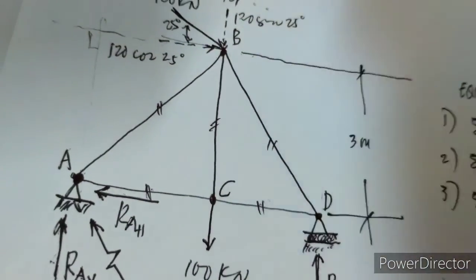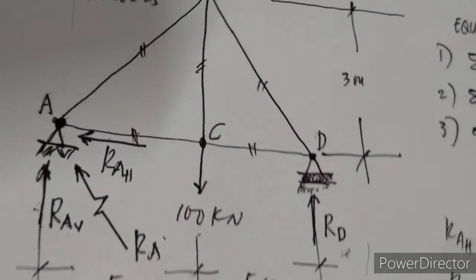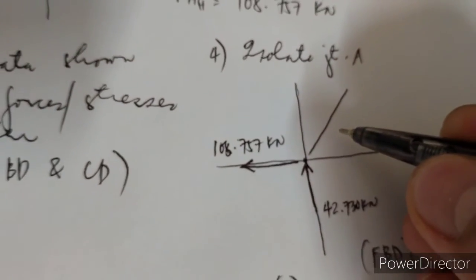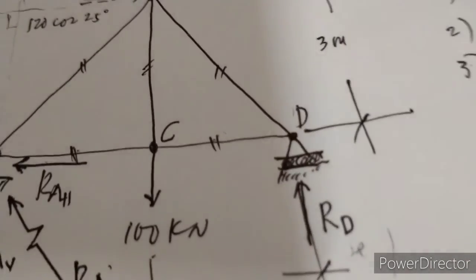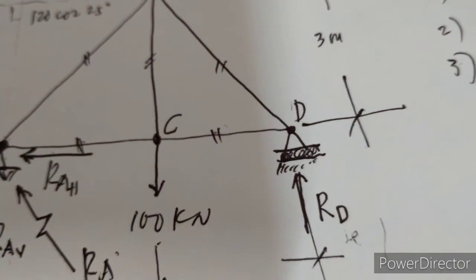Member AB. So how are you going to have that? You just simply draw, and you need to assume that this is in compression.